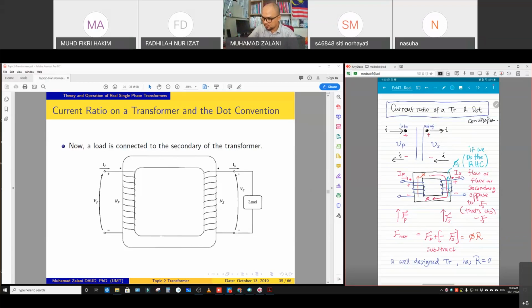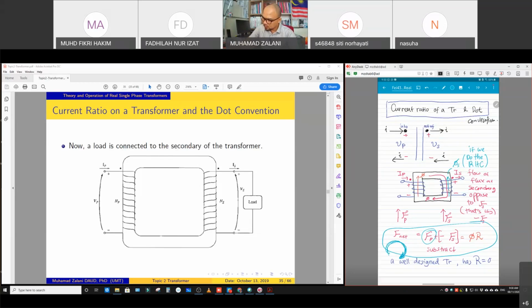But in this case, we are talking about F net, which is actually, we consider F net is flowing clockwise direction, okay, in this case. So we assume that F net is flowing clockwise direction.